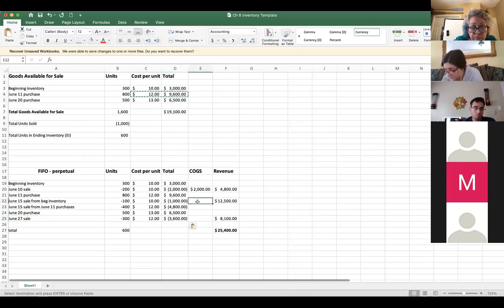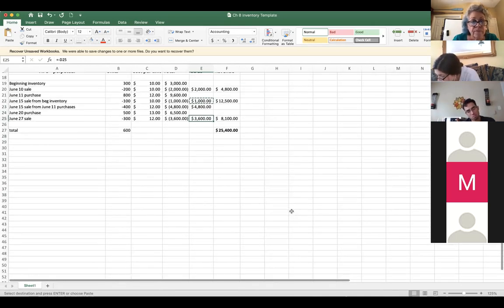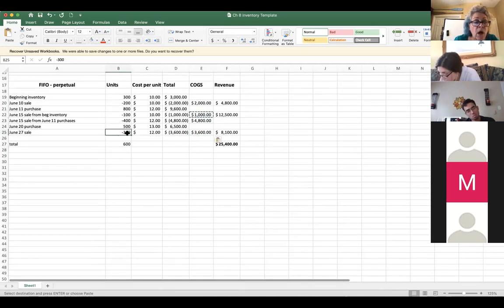Oh, I'm sorry, I didn't put my cost of goods sold here. So the 300 all came from my June 11th purchase. I had 800. I sold 400. So all the 300 came from the 400 that was remaining of the June 11th purchase.